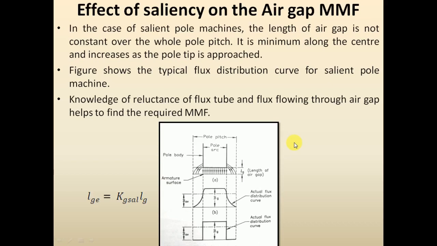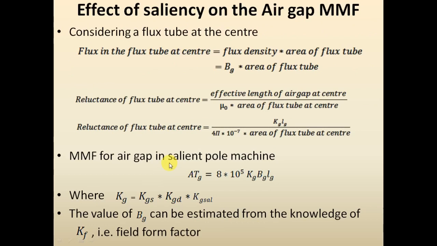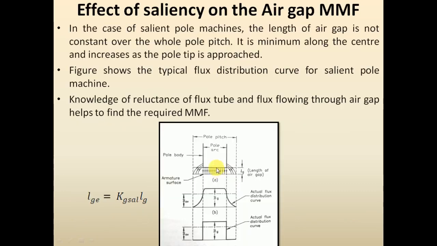So let's find out the air gap MMF in the case of a salient pole machine. Air gap MMF in the case of salient pole machine can be found out from the standard relation, that is MMF is equal to flux into reluctance. Let's find out the flux in the flux tube at the center. Flux tube is actually this flux lines.